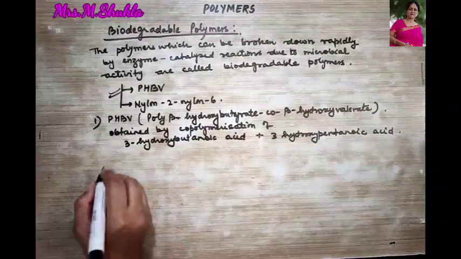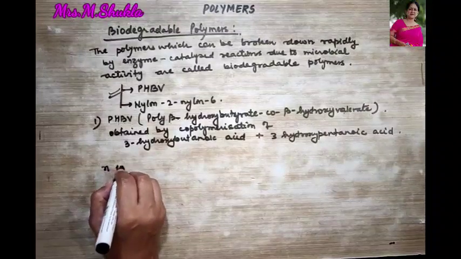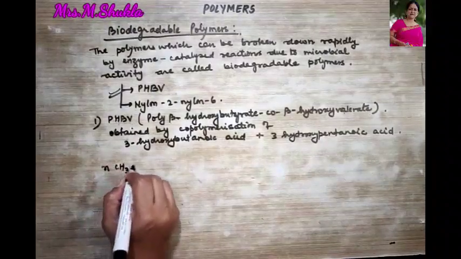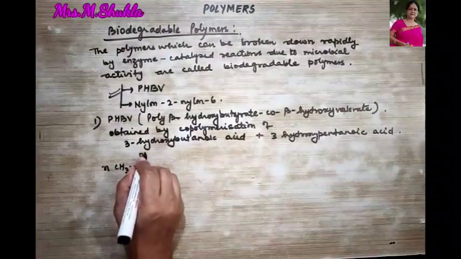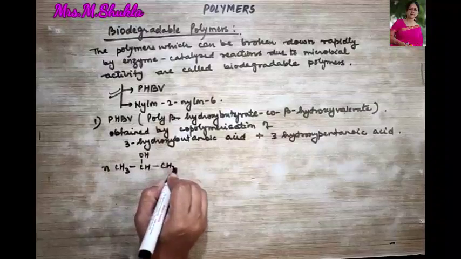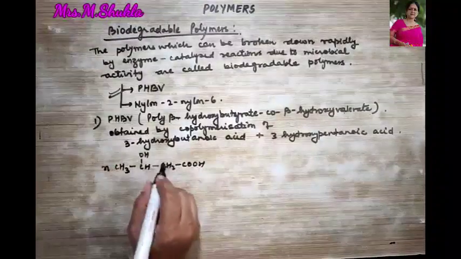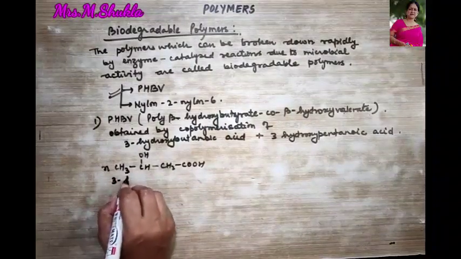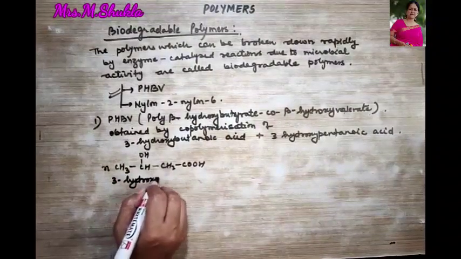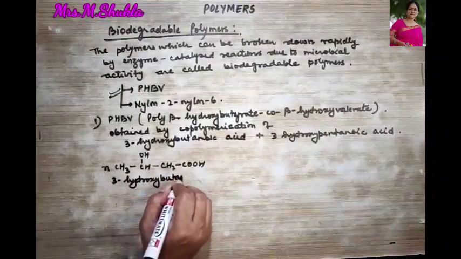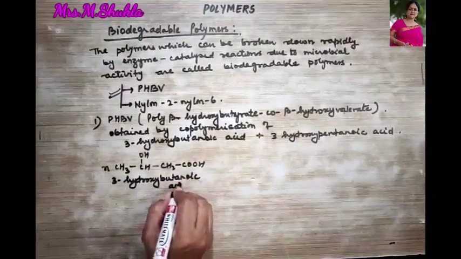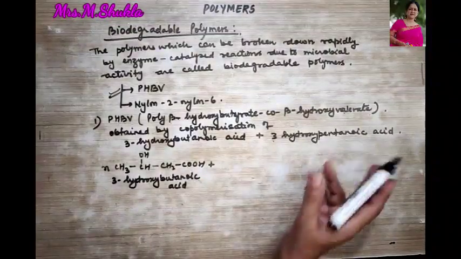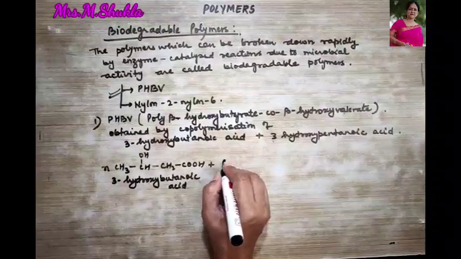So let us see how n times of CH3CHOHCH2COOH, what is this? 3-hydroxybutanoic acid. Okay, when this combines with 3-hydroxypentanoic acid, let's see how we draw it.